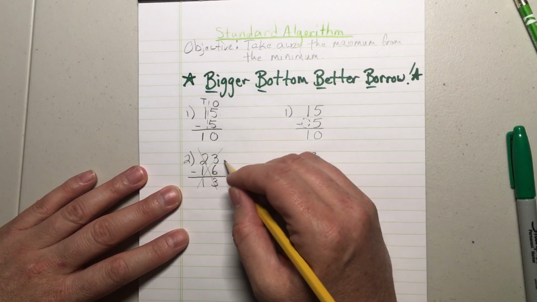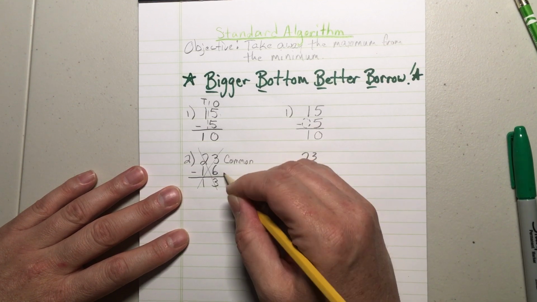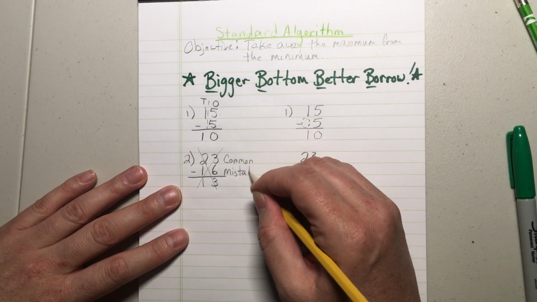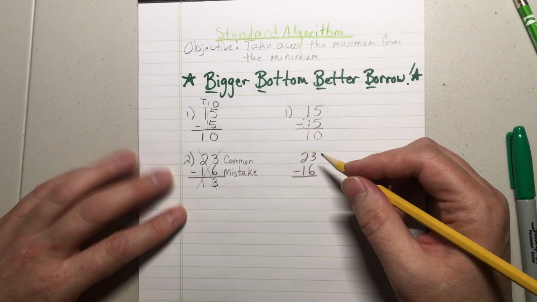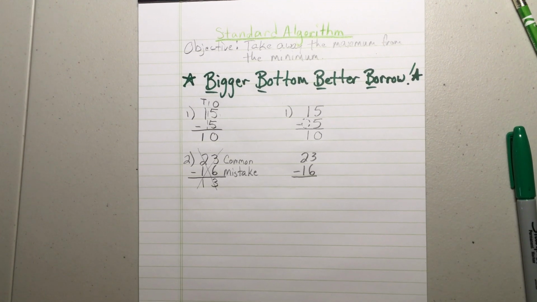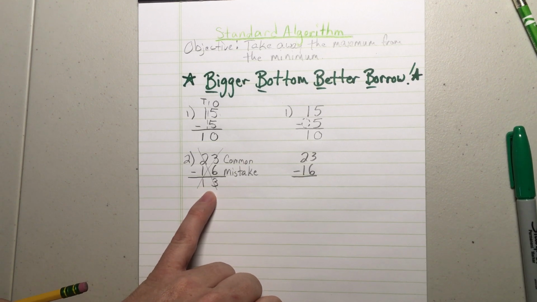What I call this is a common mistake. In the classroom, if I pose a problem like this and I circulate around my students, meaning I go by their desks and I see the various answers that they're giving me, this is going to be a common mistake.